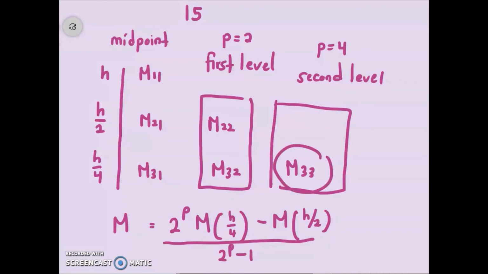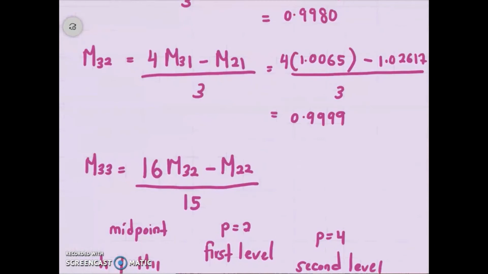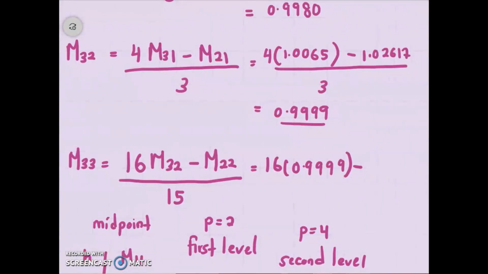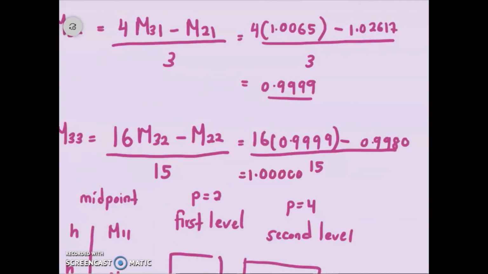So to find M33, our p is 4, and 2 to the power of 4 is 16. Therefore, 16 times M32, which we obtained here, 0.9999, minus M22, obtained earlier on, 0.9980, divided by 15. If you press your calculator, surprisingly the answer is 1.0000, very close.